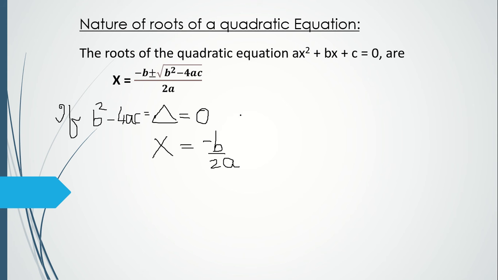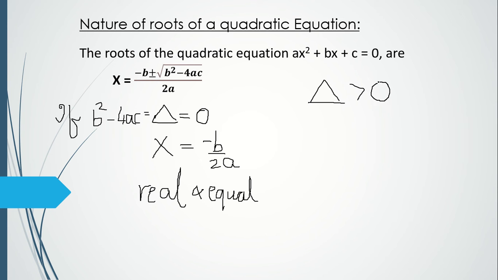So in this case we say the roots are real and equal. When delta is equal to 0, or when b square minus 4ac is equal to 0, the roots are real and equal. And if delta is greater than 0, what happens? You will get two different values.